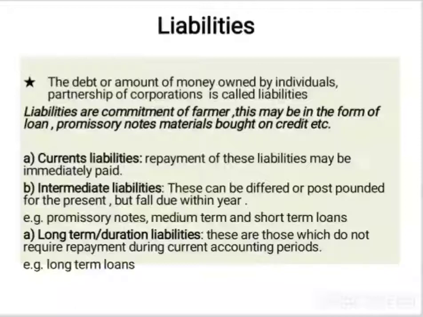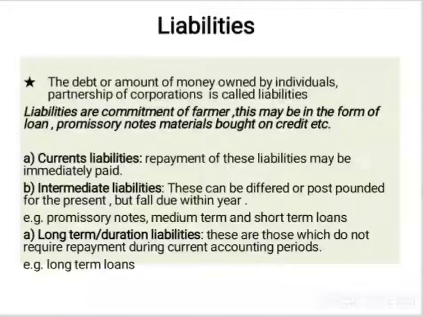That kind of liability, which a farmer can pay off at the earliest, is termed a current liability. Intermediate liabilities fall in between current liabilities and long-term liabilities. Long-term liabilities include long-term loans, for example a loan for machinery, land, or buildings.